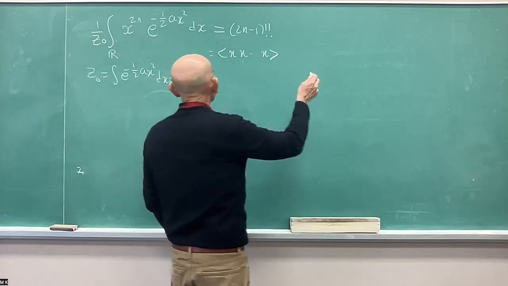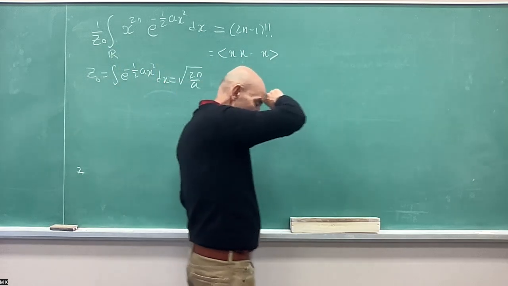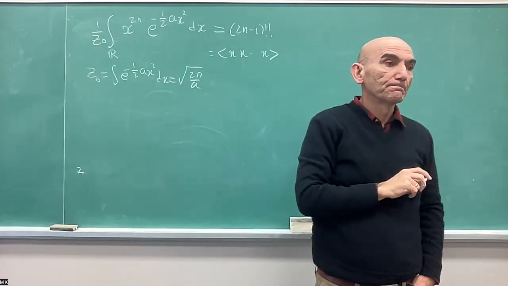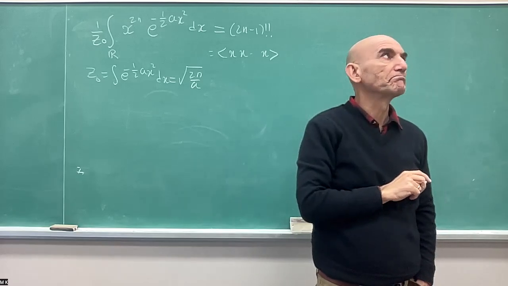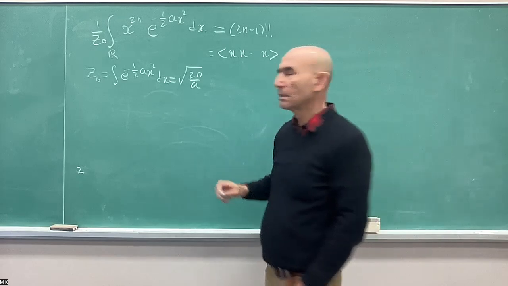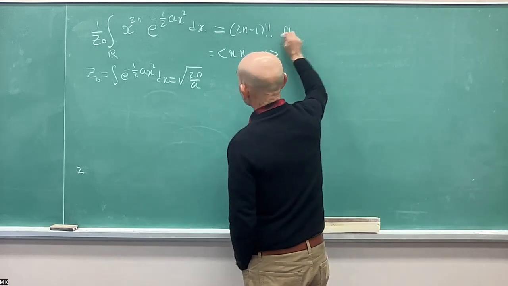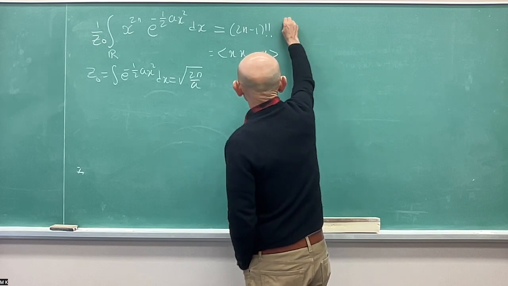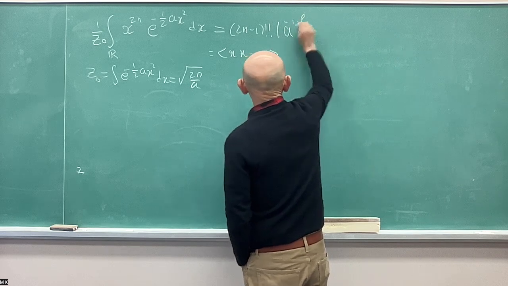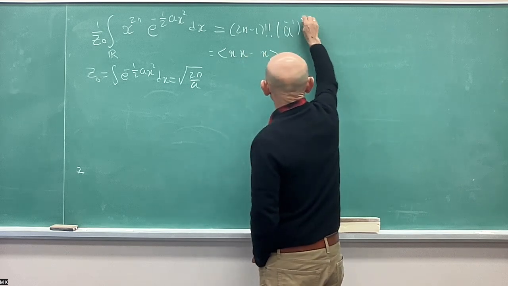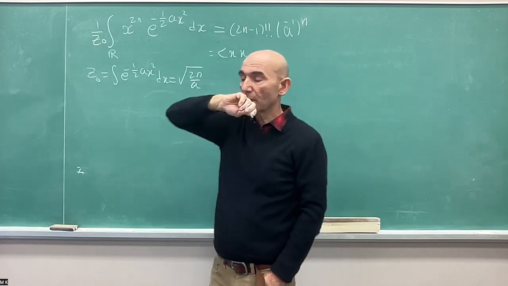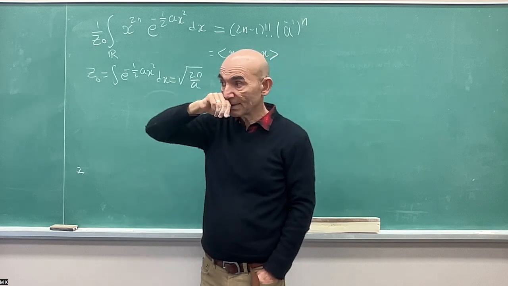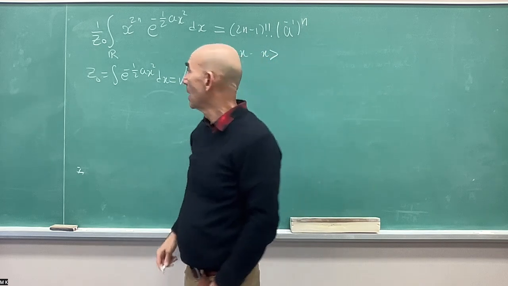So we should have A inverse to what power? The number of pairs, so I guess it would be L. That's my guess: the L pairs, half of the things. But A inverse to the n, yes, because indeed when we computed this, we got those terms.